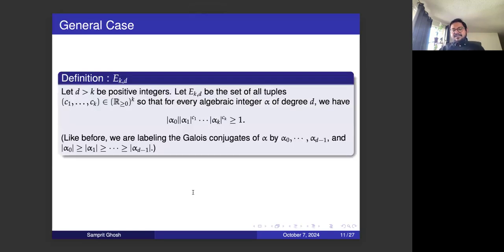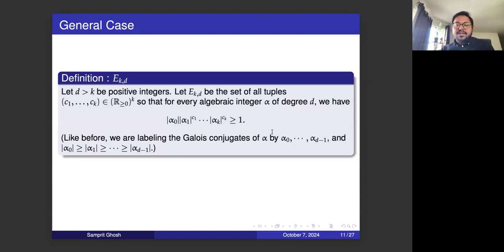Okay, so let's address the second question first. We'll call this EKD. It's the set of all tuples C1, C2, Ck, non-negative, such that for every algebraic integer alpha of degree d with its conjugates as alpha 0, alpha 1, alpha k, it satisfies alpha 0 to the C1, alpha 1 to the C2, and so on, alpha k to the Ck is bigger than or equal to 1.